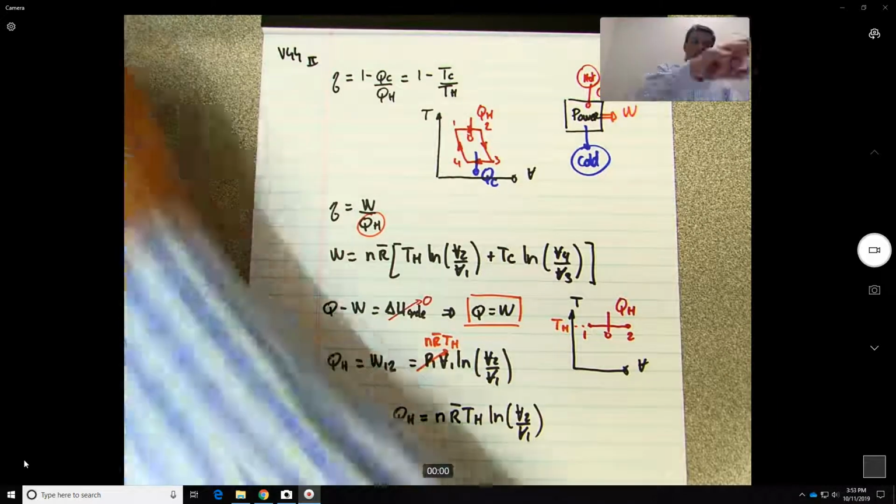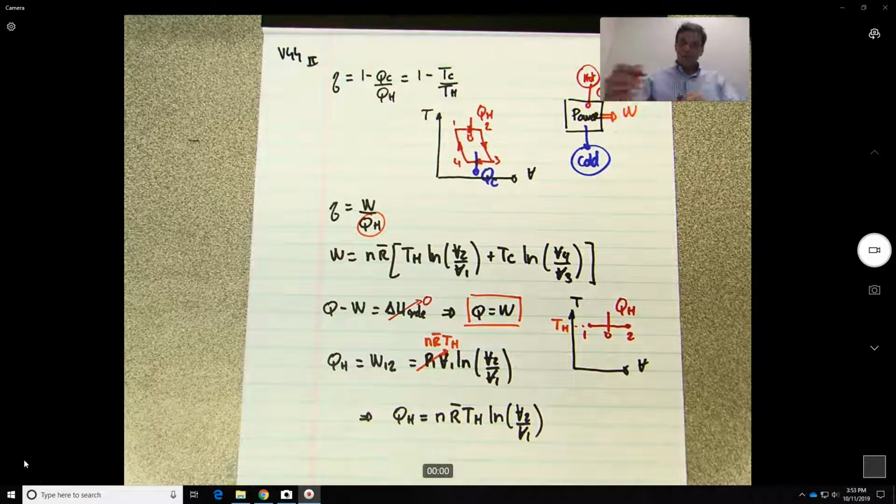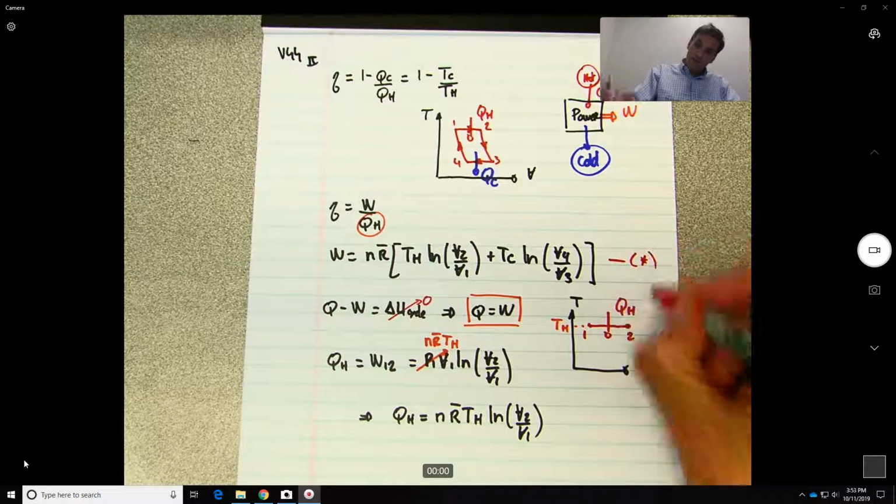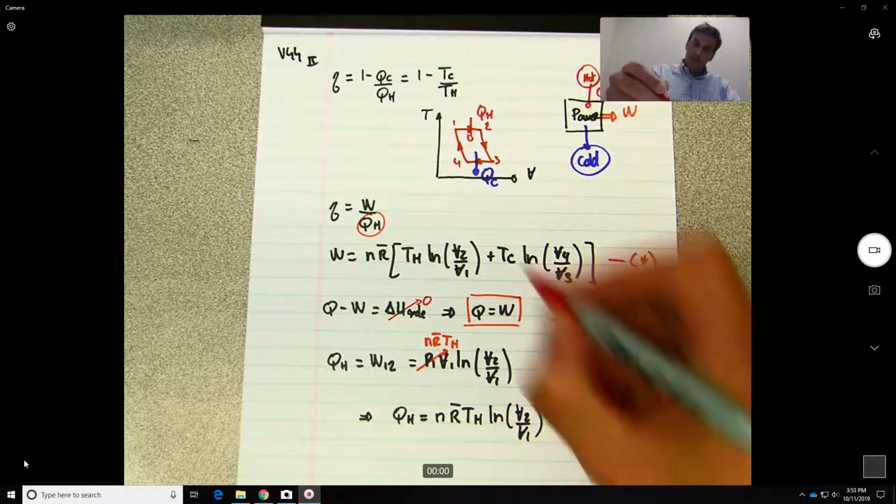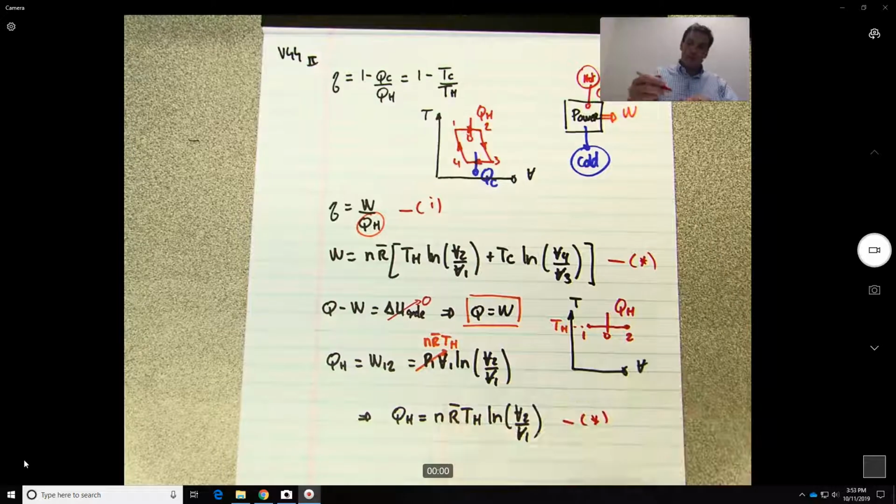Okay, so now we can go and substitute this equation here and this equation here into this equation over here.